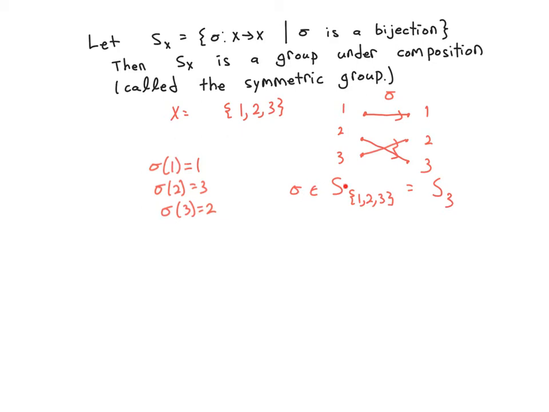The elements in this set are functions, and in fact they're bijections. The claim is that this set is actually a group under composition. Of course, what do we mean by composition?